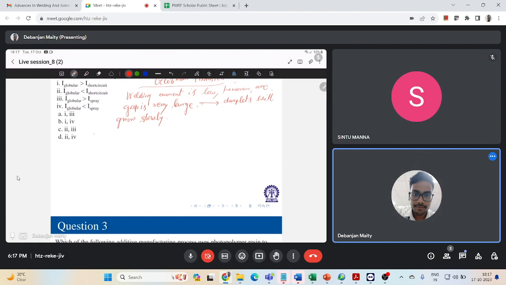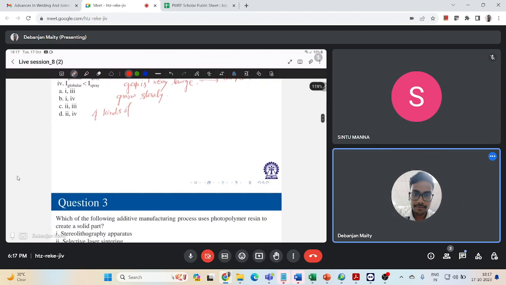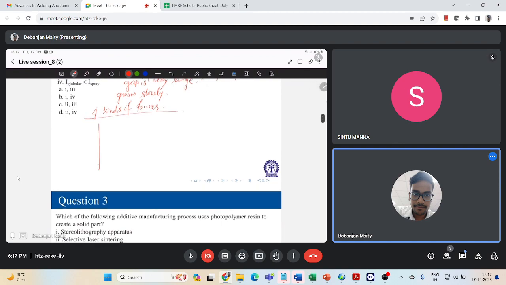You have four kinds of forces acting in the arc. One of those is the gravity force. You have the surface tension force.